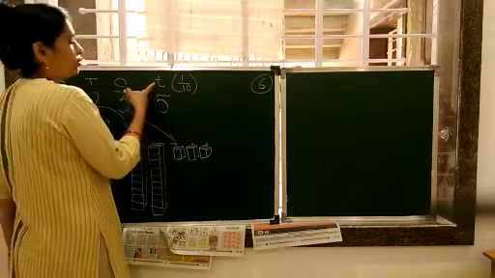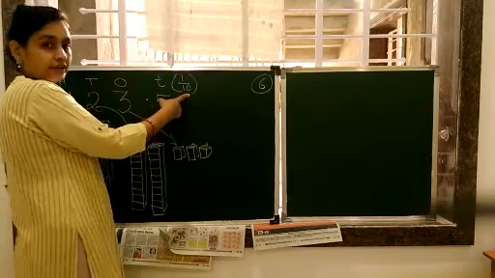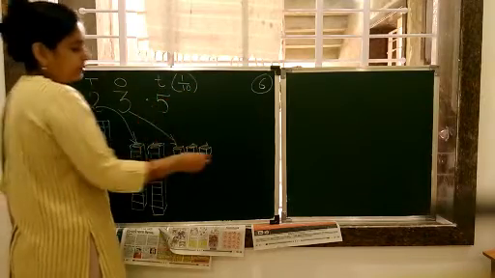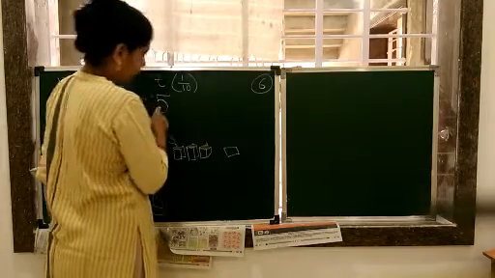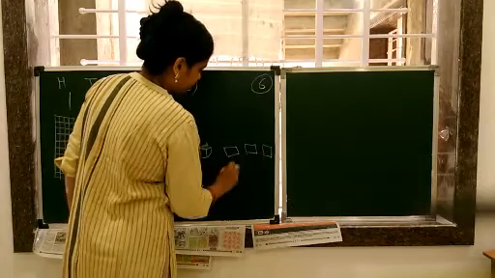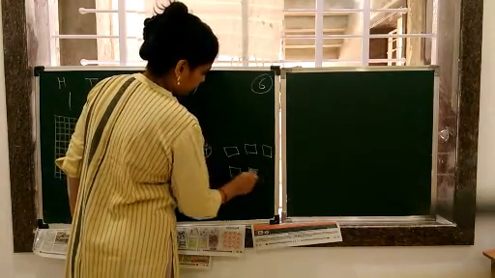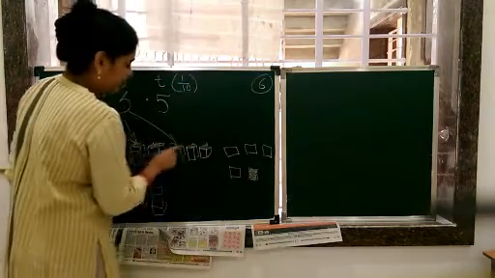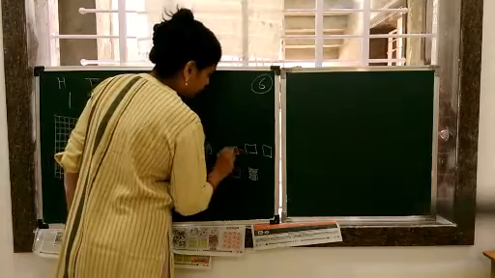Now we have to show 1/10. 1/10 means the 1/10 part. So the 1/10 part means just the top part. But how many? 5. That is why I have shaded the upper surface, that is the topmost surface.